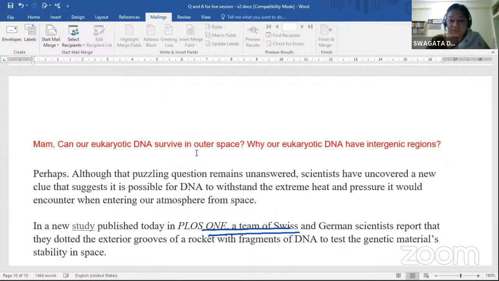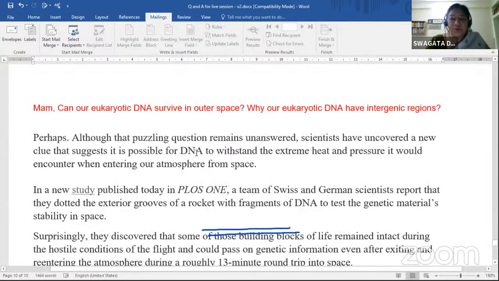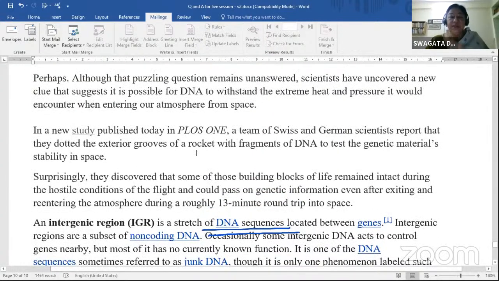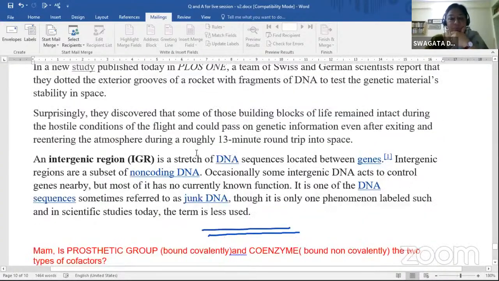So maybe you would have to wait a few years, or at least a later date, to find out whether these would remain, and whether our genetic information could actually get us anywhere. This genetic information could be brought back, you never know, with modifications, and it would actually have to survive what is called the re-entry into the Earth's atmosphere. And then we would be able to determine whether your DNA can actually survive in outer space.